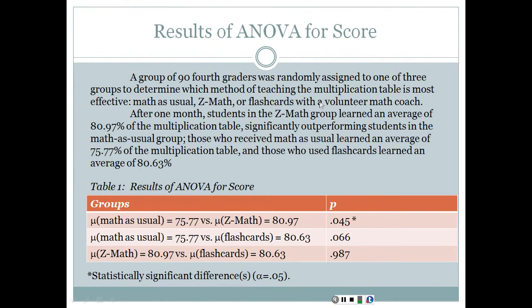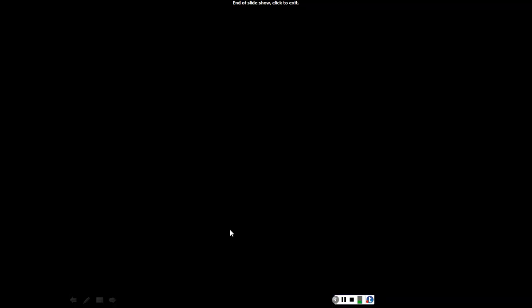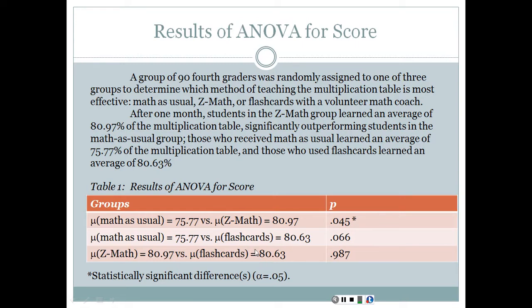So the results of Anova for score: it's much easier to interpret those 3 comparisons that we were talking about if you place them in a table. So that's what I did here. This little symbol is a symbol for mean. Basically, for each group, I put the mean from that descriptives table.